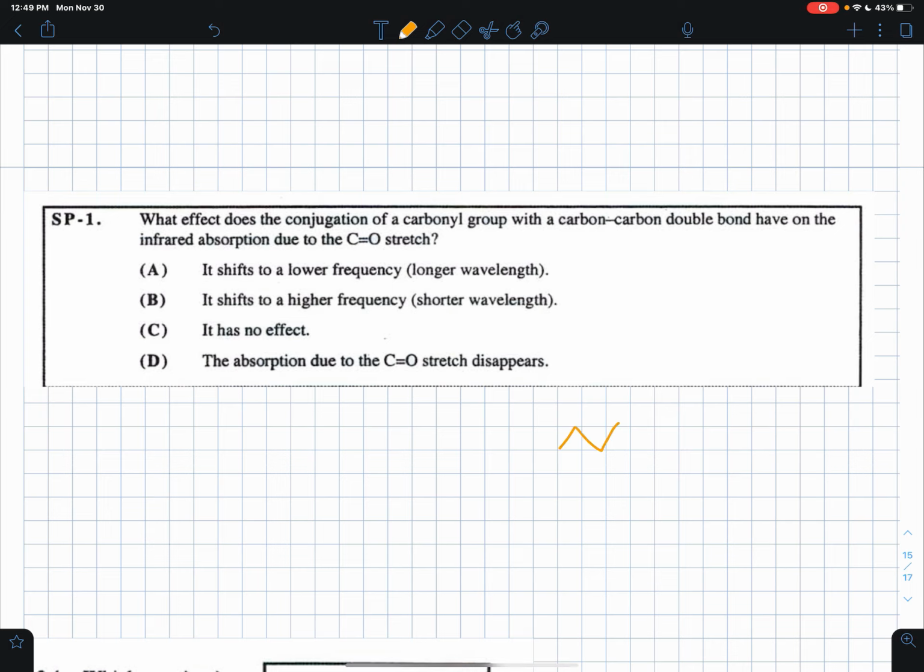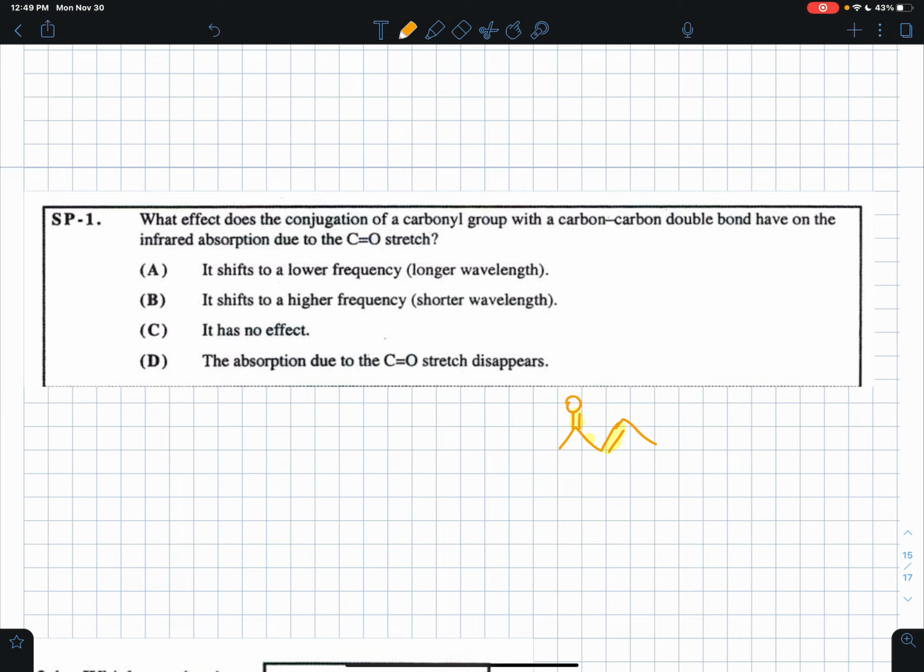Okay, random molecule. Double bond O here, double bond O here. Looking at this, we can see this double bond, single bond, double bond, right? That conjugation, if you guys remember from earlier on, is something that is really stable, right? This stabilizes my molecule or my compound.